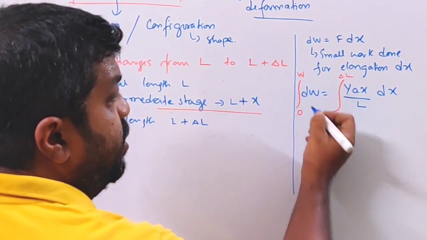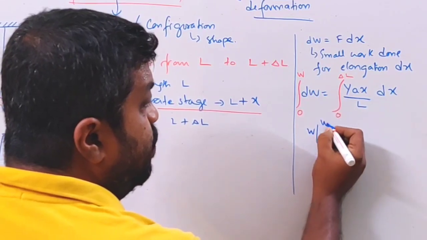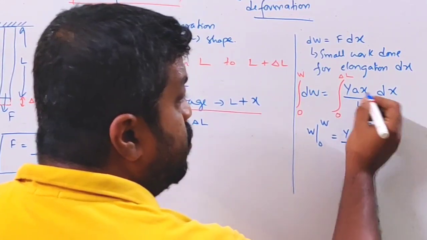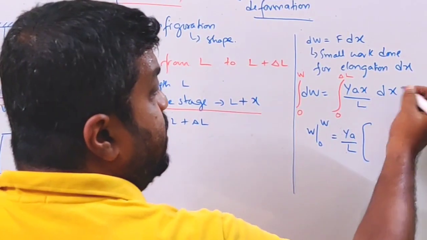Integrating dW gives W, with limits 0 to W, equal to Y A by L, which is constant and taken outside the bracket, times the integration of x dx.